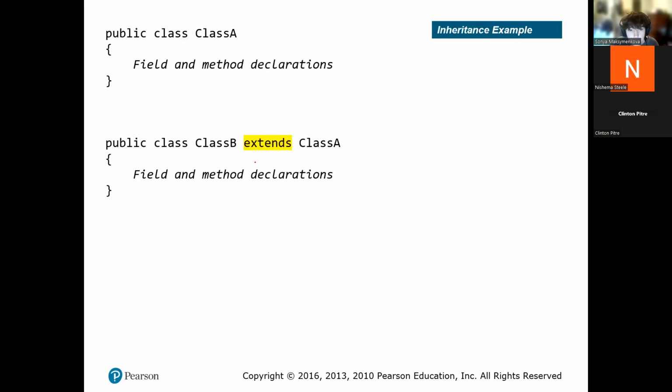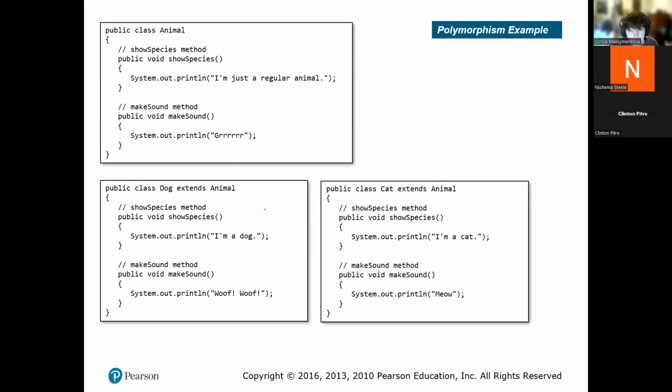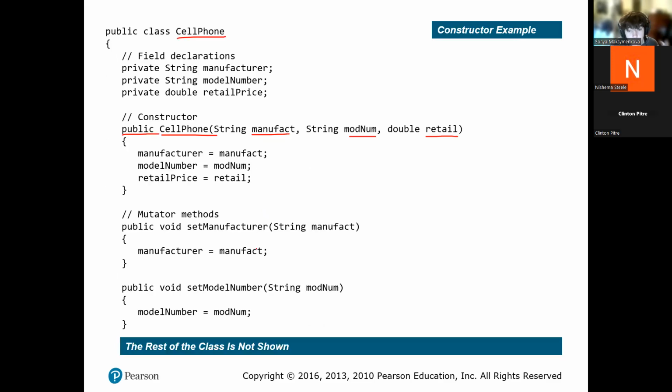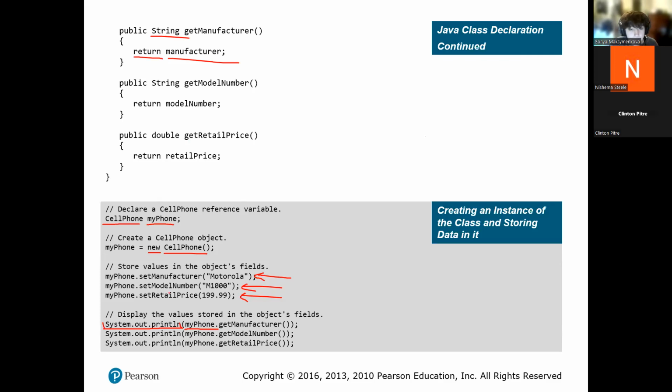And how do we do that? There's no example, okay, so how do we do that? We would do it the same way. We would put my phone, new cell phone, and instead of putting just cell phone with empty parentheses, we would specify exactly what values we wanted to have.